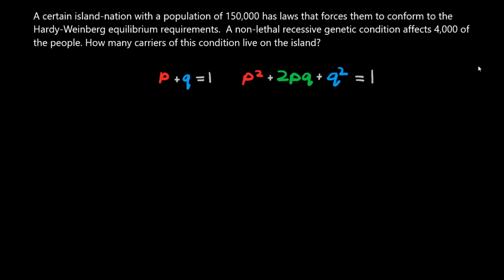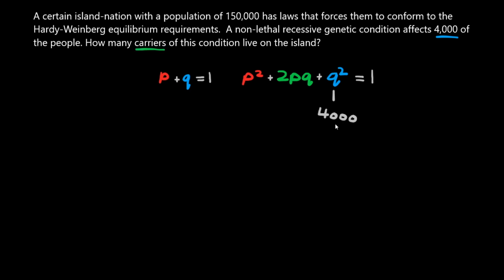Here we have a population that is governed by a questionable set of policies, and we can see that we have some individuals here affected by a recessive condition. So this 4,000 here, that's going to be q squared, and we're trying to figure out the carriers, so the carrier is 2pq.